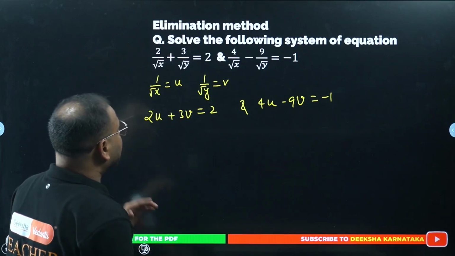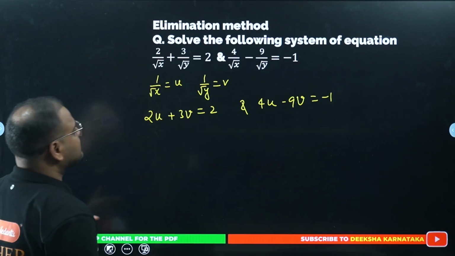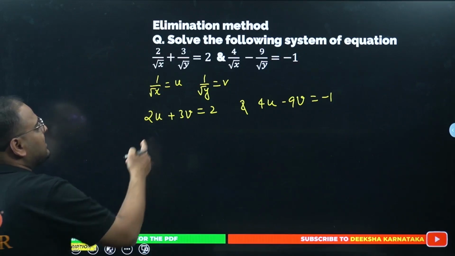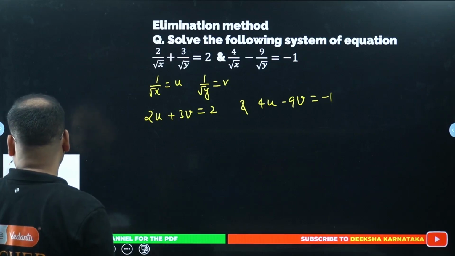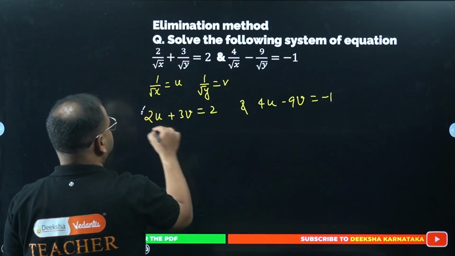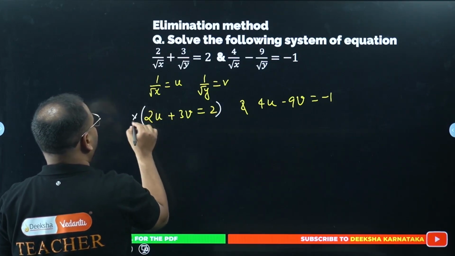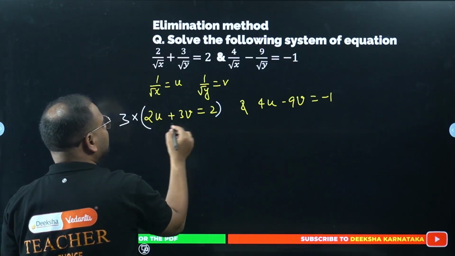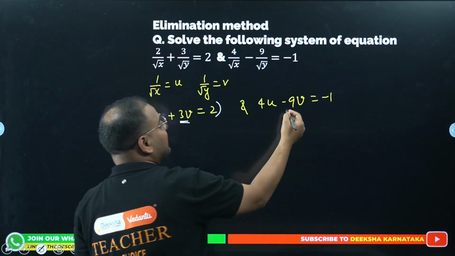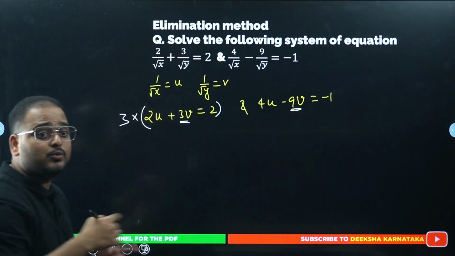So how can you solve this? Just multiply the first equation with 3, on both sides. Why 3? Because if I multiply with 3, this will become 9 and I have a minus 9v, so I can do something about it.